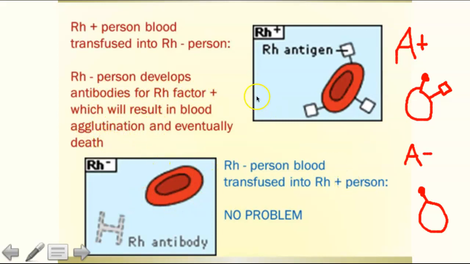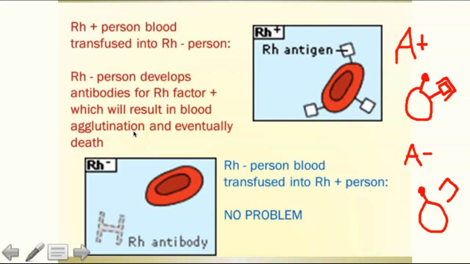So if you put this positive blood with the positive Rh factor into somebody who doesn't have it, their body starts producing anti-Rh antibodies in the plasma. Eventually, those antibodies will hook on to these cells that were transfused and cause that agglutination that we talked about in the last slide, and eventually will result in death.